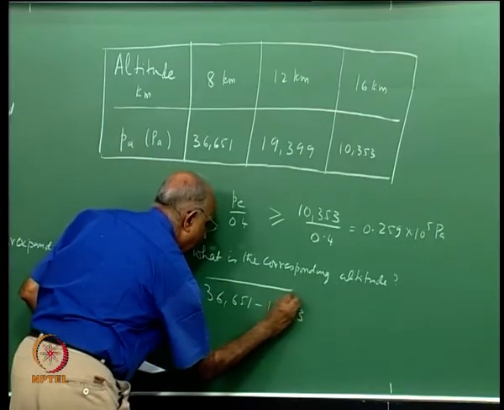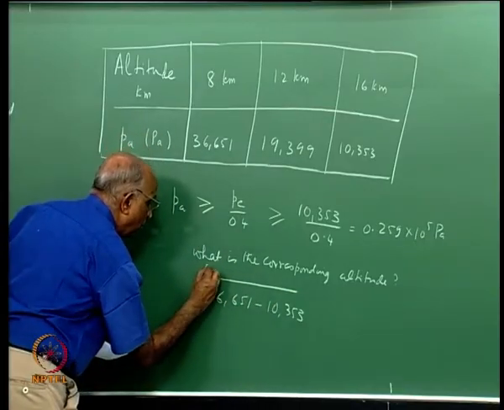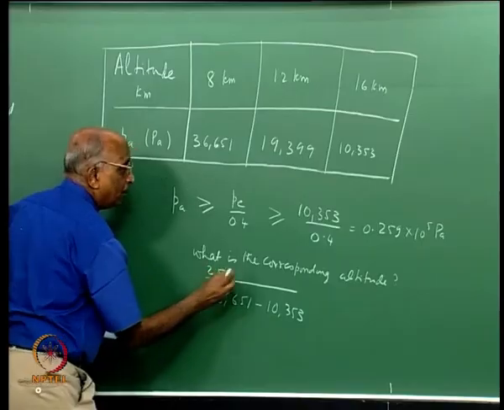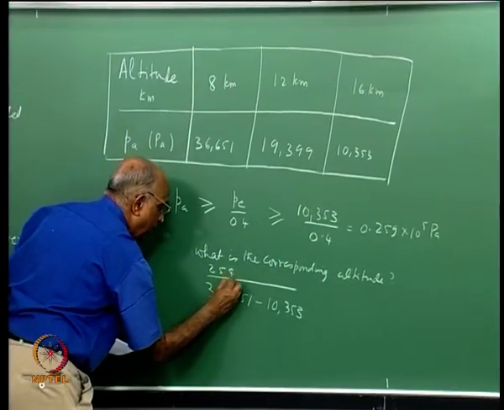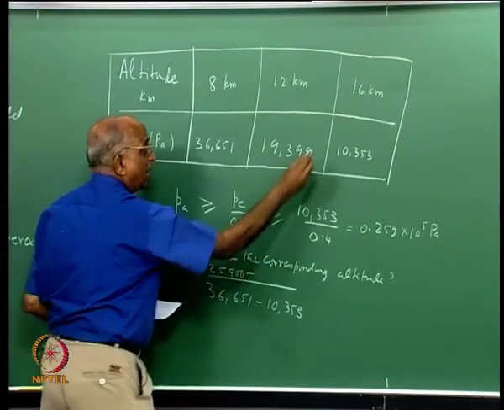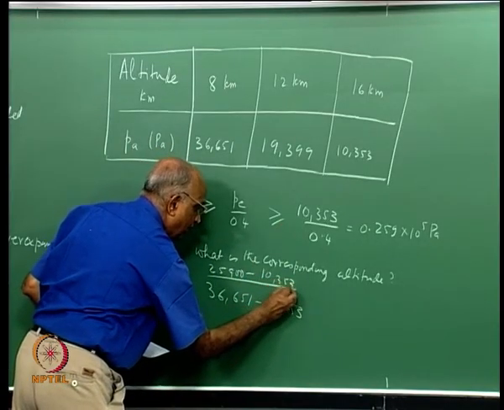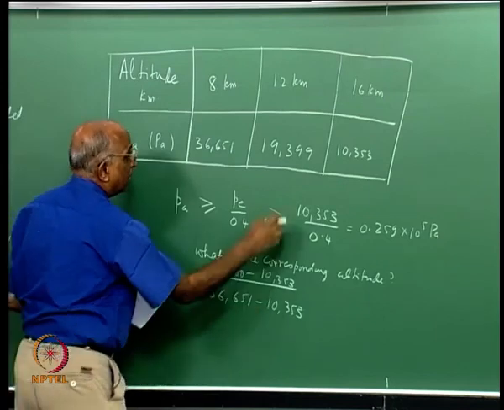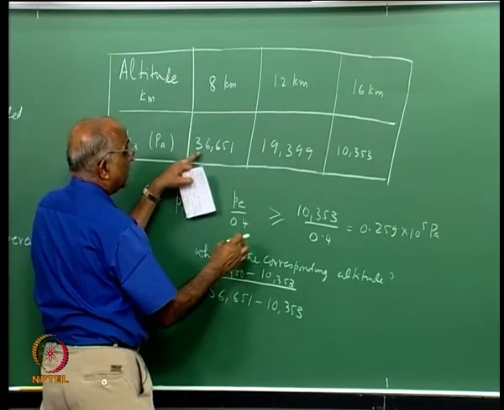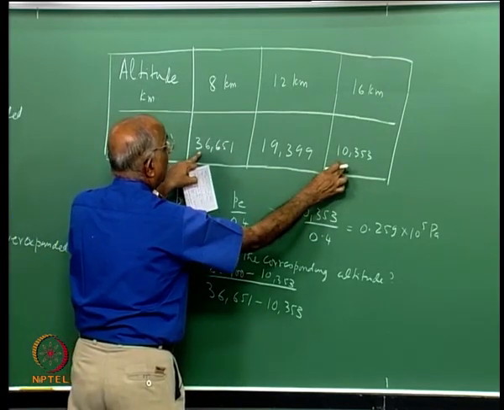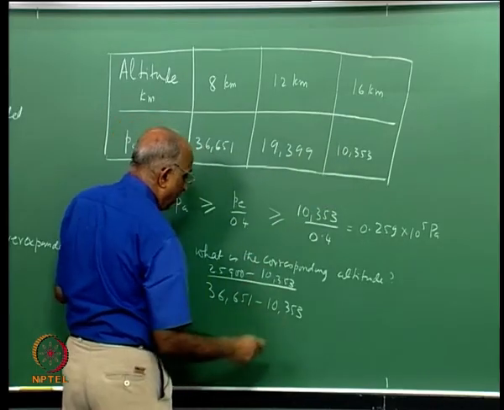Therefore, we have the value of 25,900 minus the value at 16 kilometers, 10,353, and this change from 36,651 to 10,353 corresponded to a value of something like 8 kilometers.